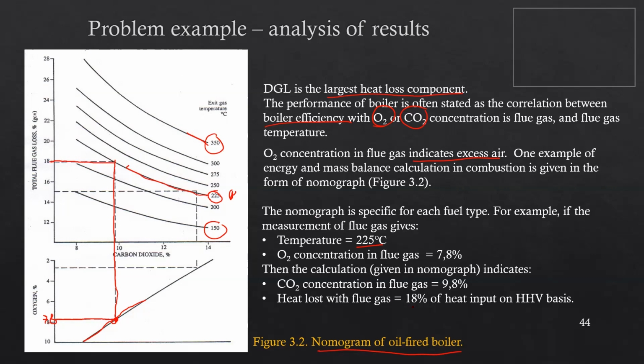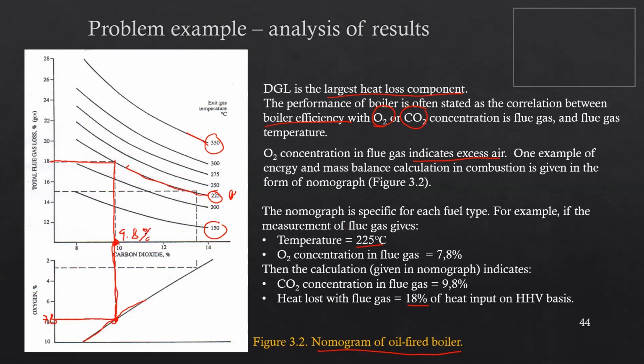While for the CO2 concentration, we can see it from here. This line also intersects the x-axis, so this is the concentration of the carbon dioxide in the flue gases, which is 9.8%, as stated in this slide. This is the way we can estimate the total flue gas heat losses based on the nomograph.